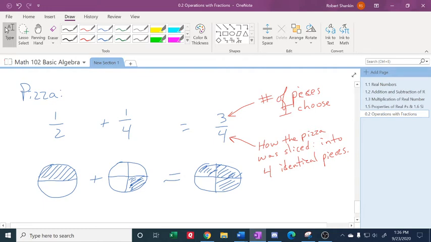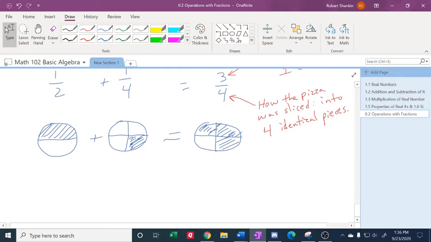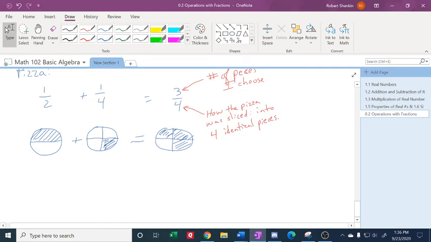And this gives us this really big insight into why it's wrong. Now I can go in and shrink this a little bit. 1/2 plus 1/4 is 2/6 is wrong.